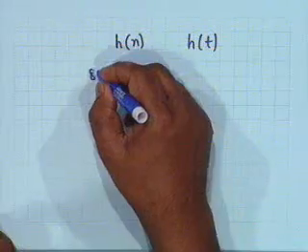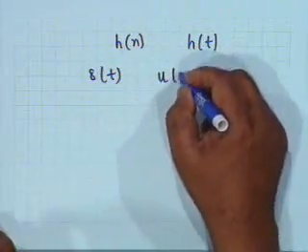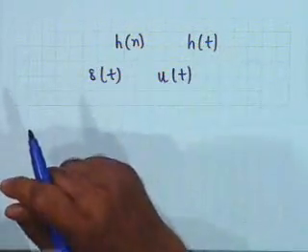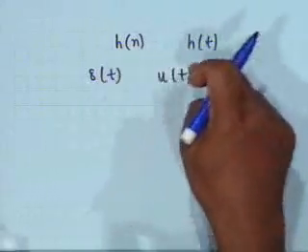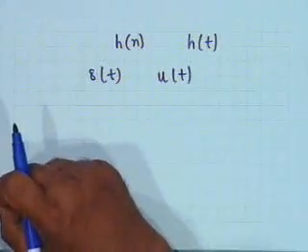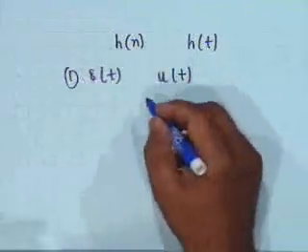So h of n and h of t are as if the key feature of a system. Now it turns out that delta t and u of t are very intimately related: u of t is the integral of delta t, and delta t is the differential coefficient of u of t. These two are intimately related.